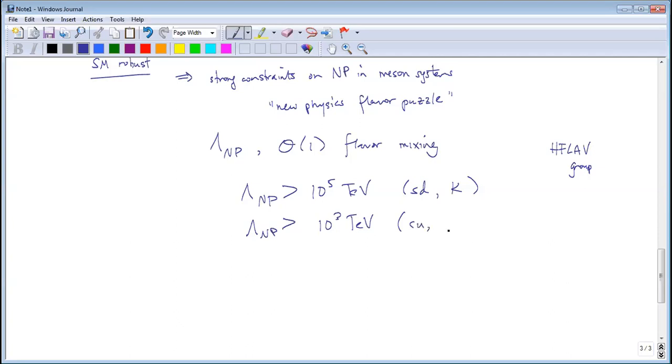So the D system is 10 to the 3 TeV. And for the two B systems, 10 to the 3 again, TeV. This is for the B sub D. And 10 to the 2 TeV for the B sub S system.